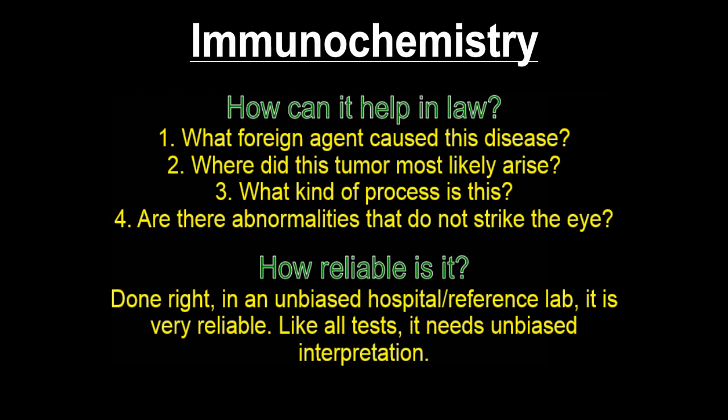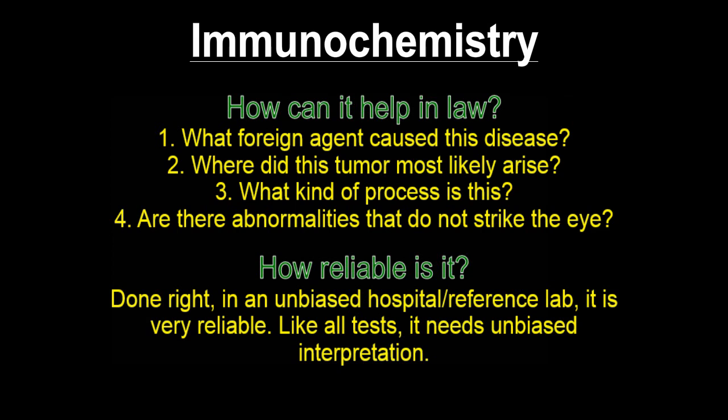It can also help you figure out what kind of a process something is. If you're not entirely sure whether a process was traumatic in origin or infectious in origin or toxic in origin, there are times when immunochemistry can help. And sometimes it allows you to identify abnormalities that are not necessarily immediately obvious.